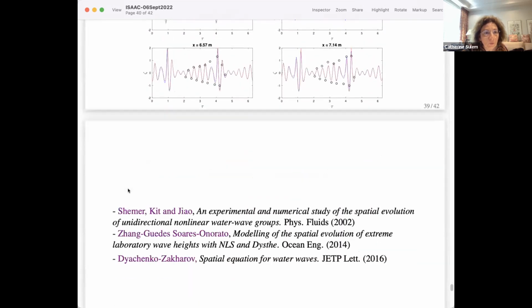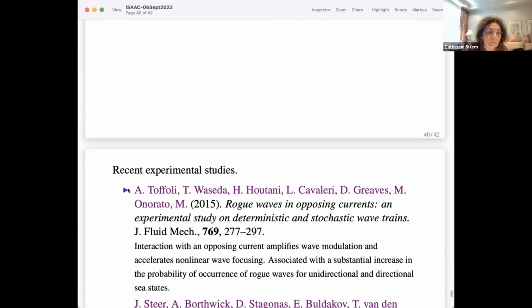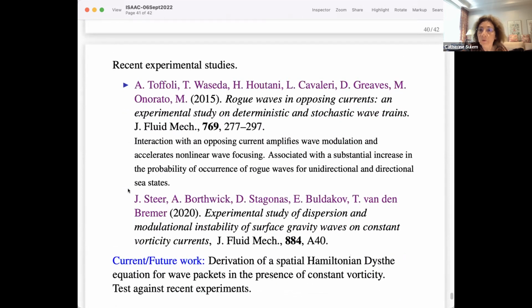I will not go too much into that, but I will say one word about our current work. It is related to recent experimental studies by various authors, Toffoli and collaborators, and also Steele and collaborators, about waves in the presence of currents. One is about rogue waves in opposing currents, with an experimental study of deterministic and stochastic wave trains.